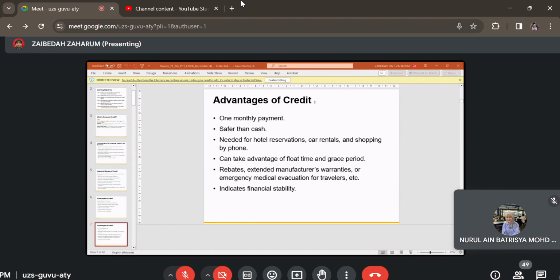Okay, maknanya tadi bila kata can take advantage of float time and grace period. Okay, ianya adalah period between when you making a purchase and when the payment is due. Okay, so bila katakan during that float time and grace period tadi tu, di mana ianya tidak dikenakan sebarang interest lah.